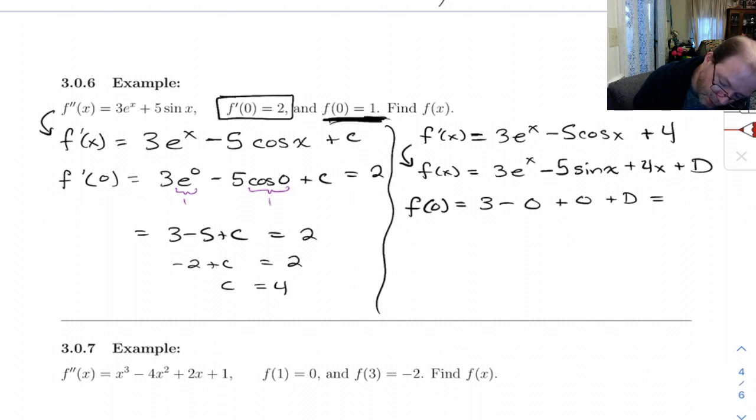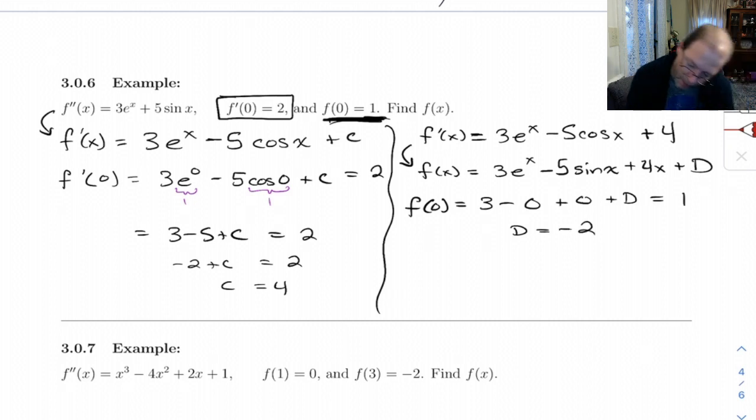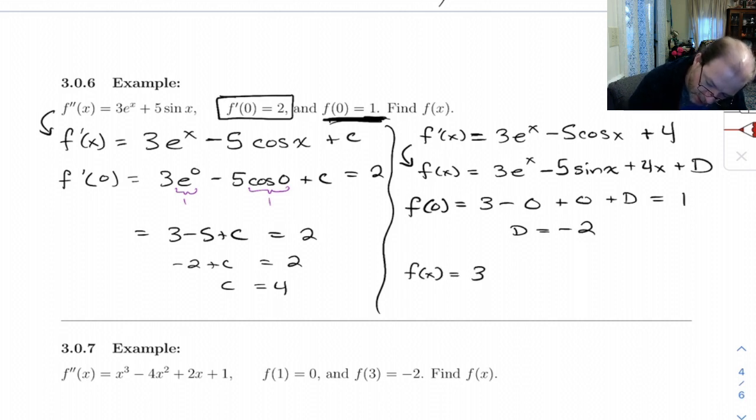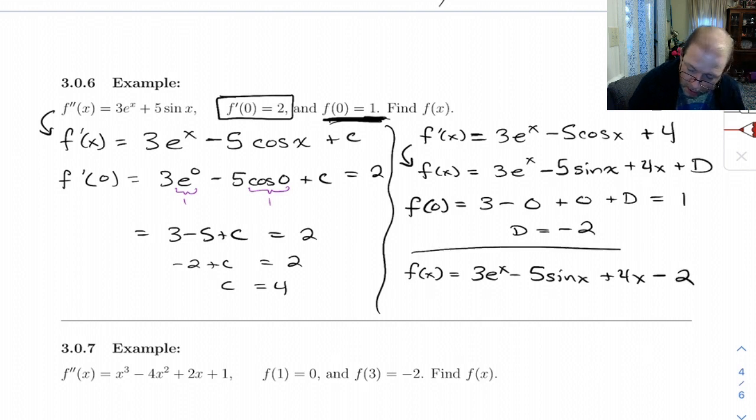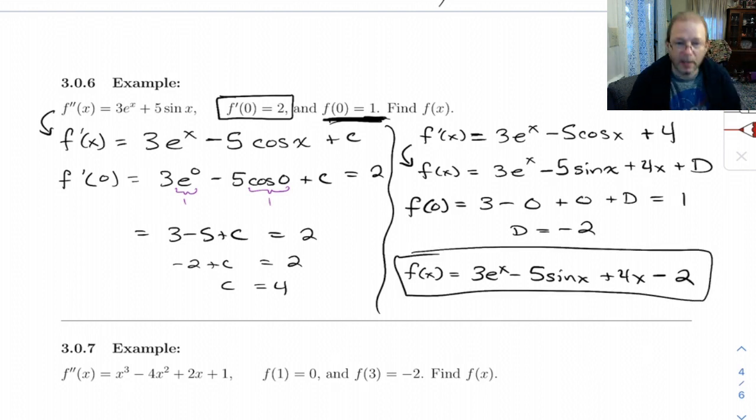And this is supposed to be equal to 1. So what I wind up with here is d is equal to 1 minus 3, which is negative 2. So my final answer is f of x is 3e to the x minus 5 sine x plus 4x minus 2. And that's my answer.